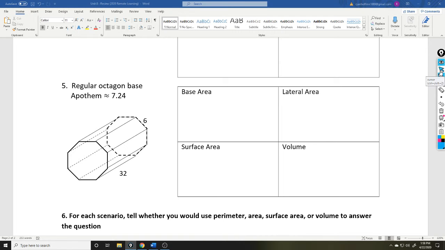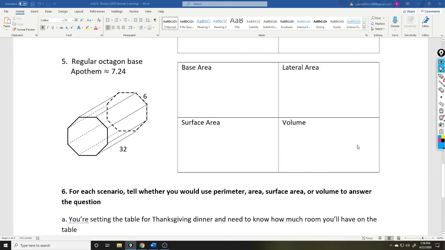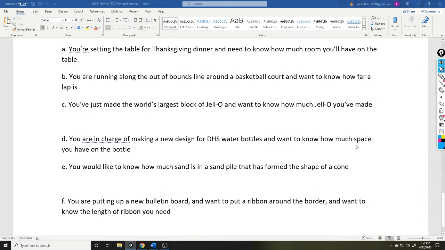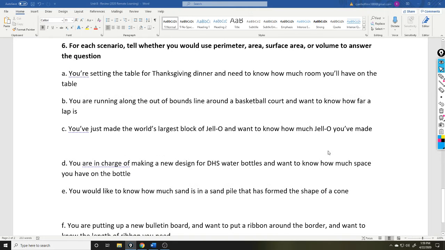Now, here's what I think is the more interesting type of question. Because I've talked a little bit about these kinds of problems and what each of these types of questions mean. So for each scenario, tell whether you would use perimeter, area, surface area, or volume.